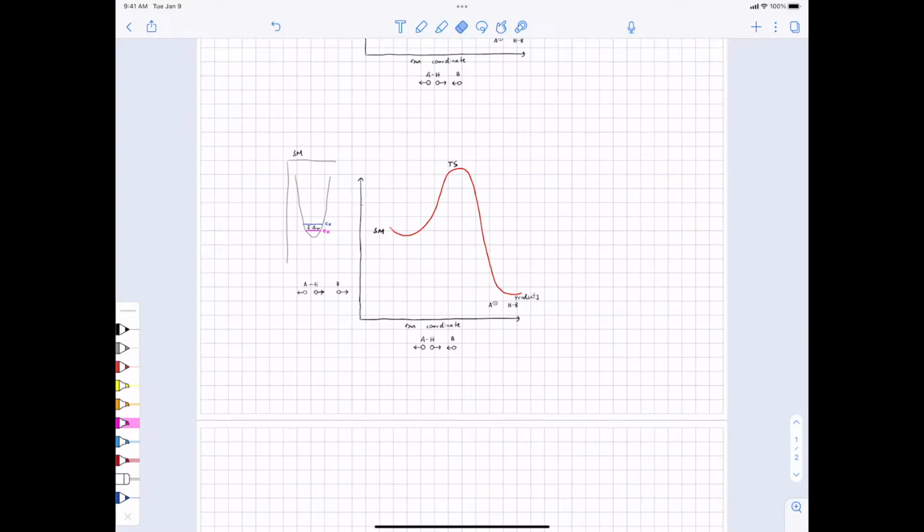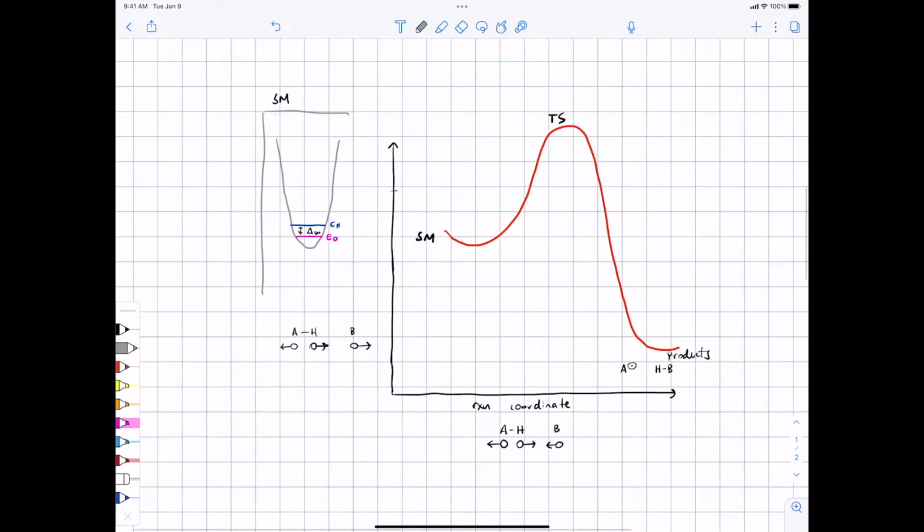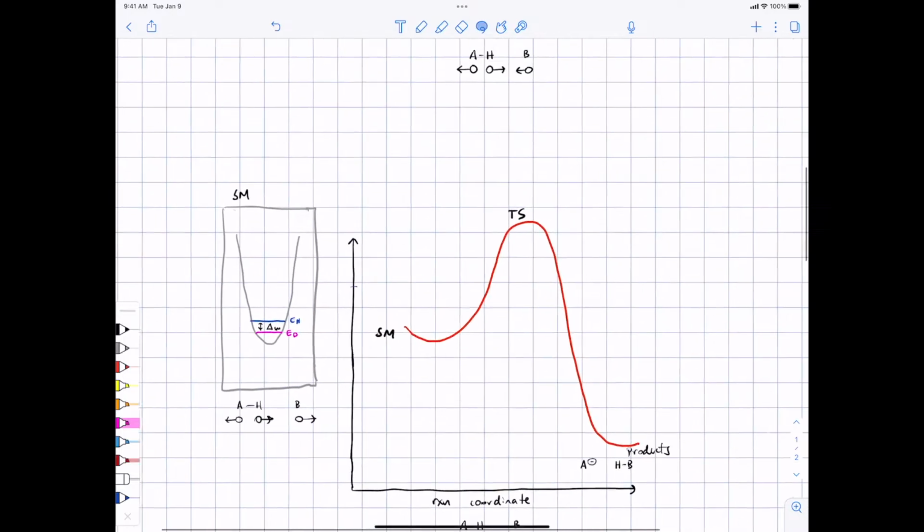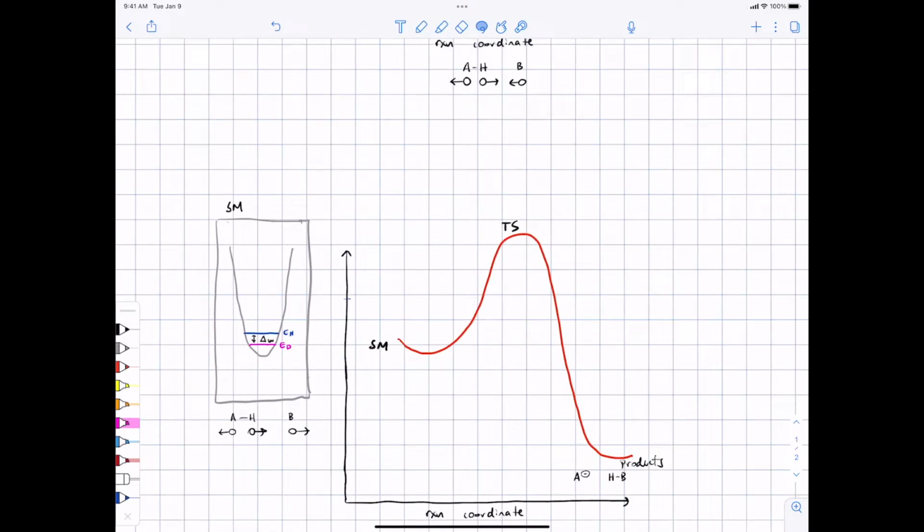And then let's suppose that in the transition state, the bond between HA and HB is nearly broken to the point that hydrogen is sort of in between.